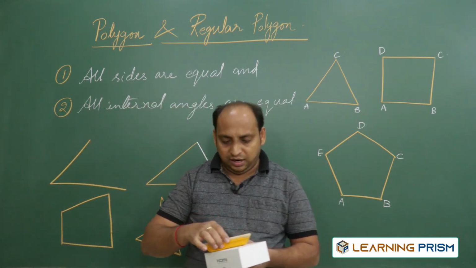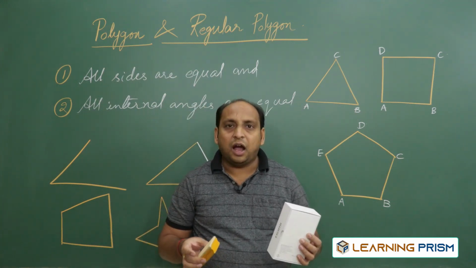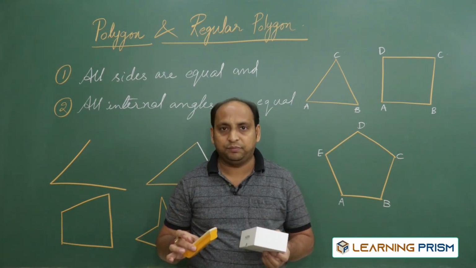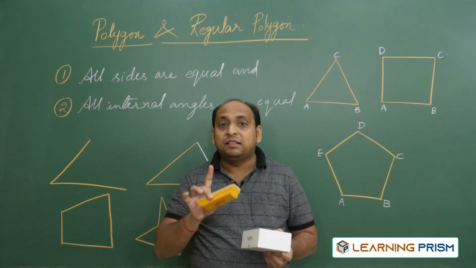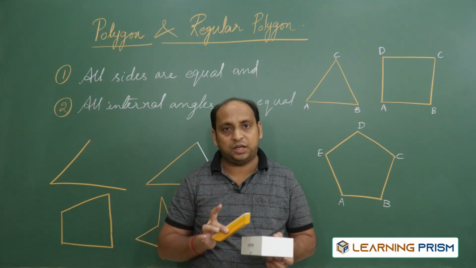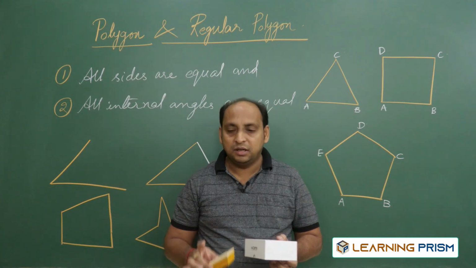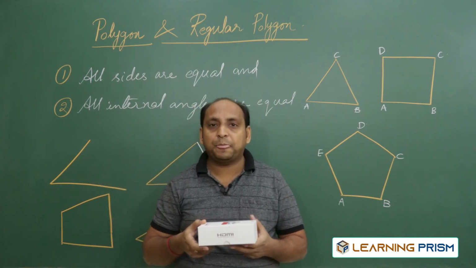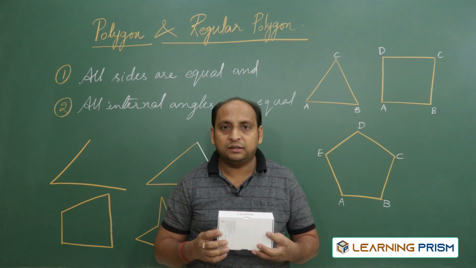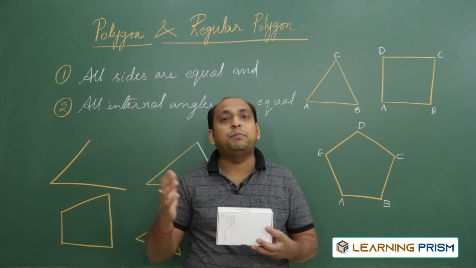These objects here are three-dimensional objects. Why is it called a three-dimensional object? Because it has three dimensions: length, width and breadth.